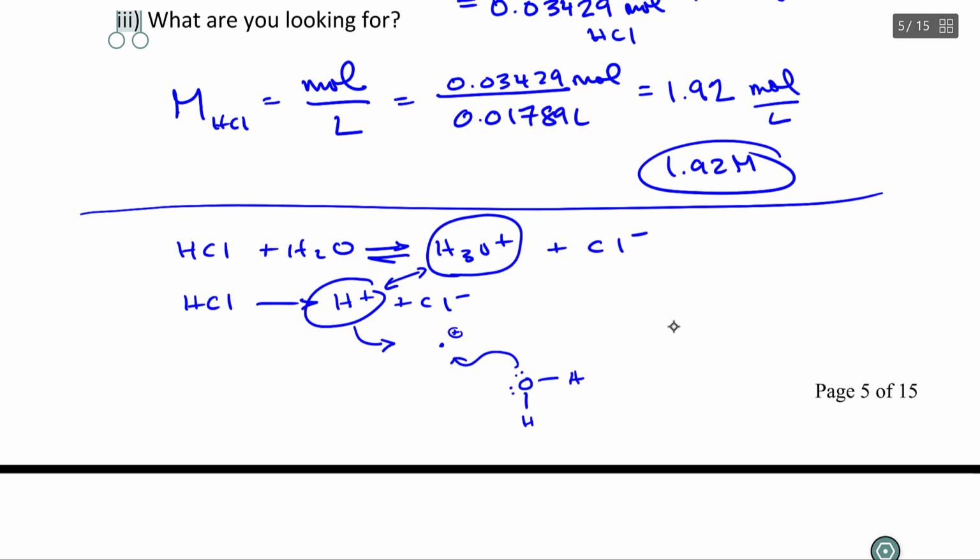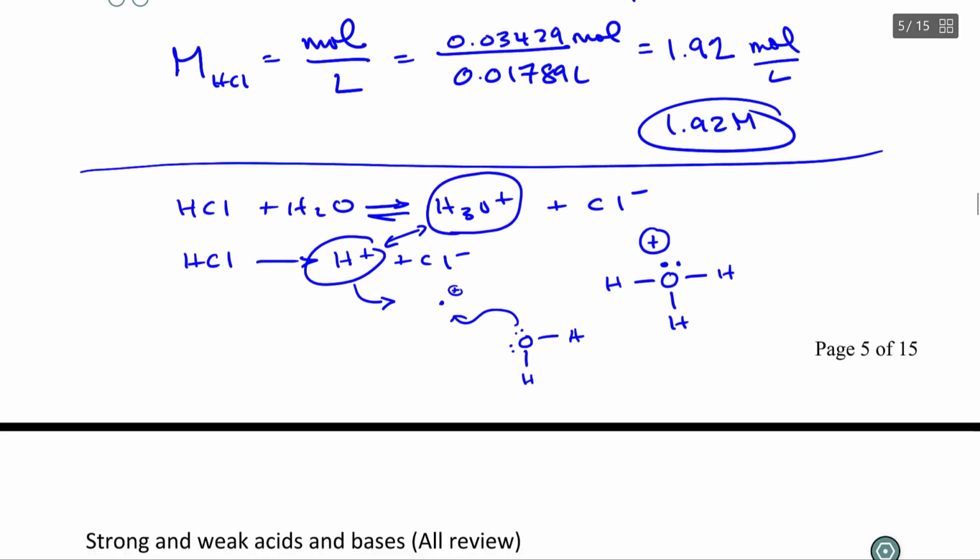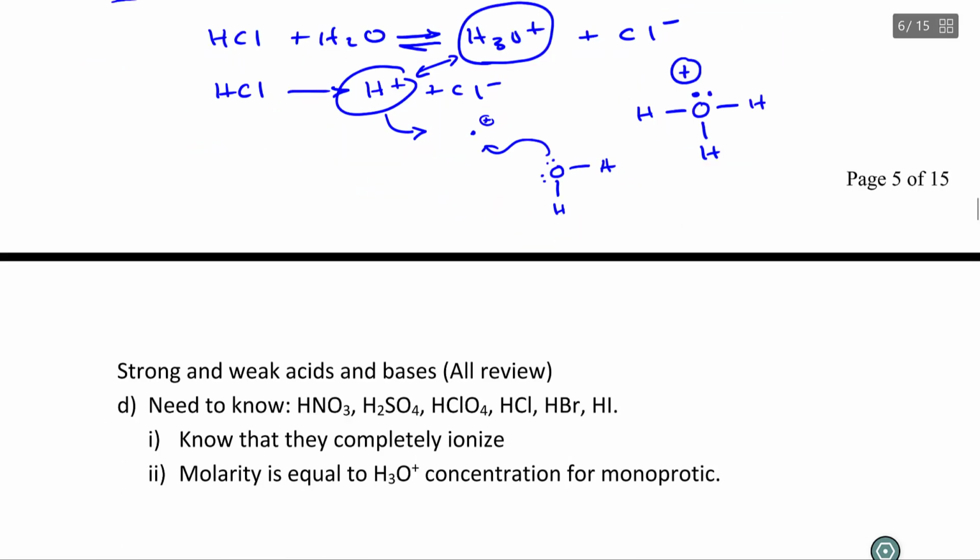And what a hydrogen ion does is it takes on this formula that looks like this, with a positive charge, okay? So this is hydronium. When we talk about hydrogen ion H+ or hydronium in water, we really mean the same thing.